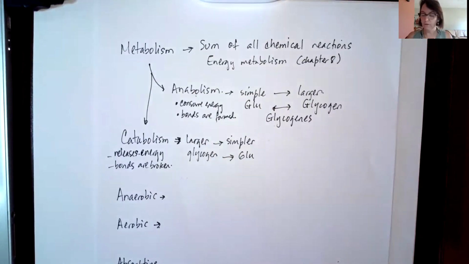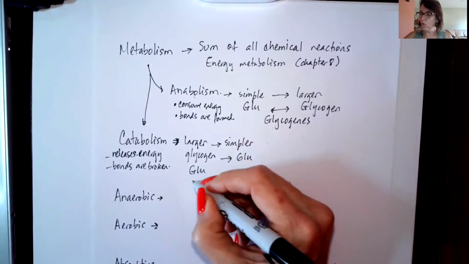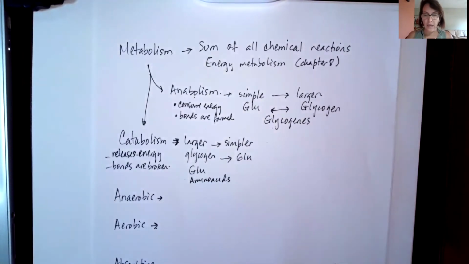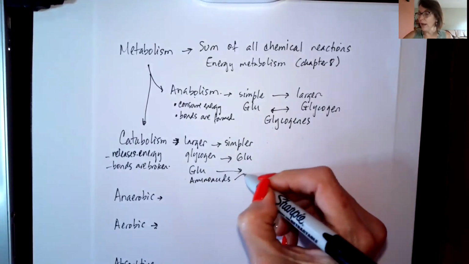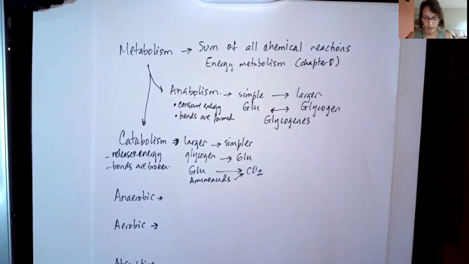Another example of a catabolic reaction is when we have glucose or amino acids, and then we break down bonds in these molecules to obtain ATP, or, well, CO2, for example, which is a simpler molecule.